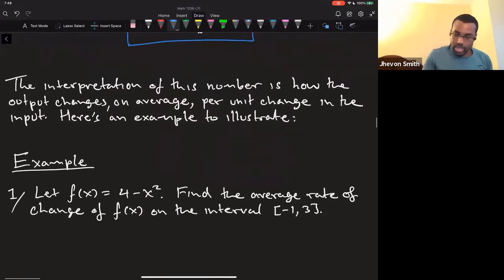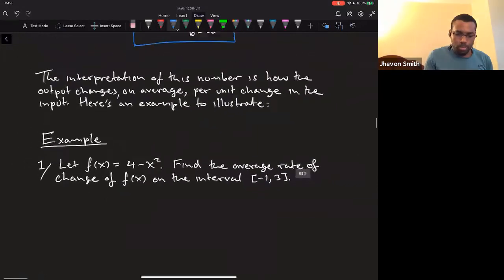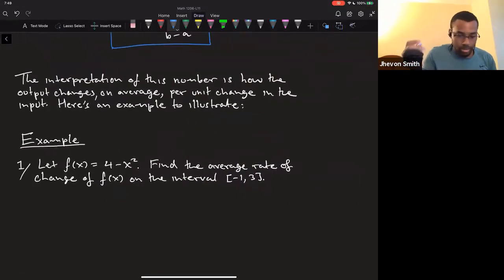So here's an example to illustrate this. And again, full disclosure, I'm going to ask you a question like this. It's another one of those questions where it's not difficult, just know that it's coming up and know how to do it.